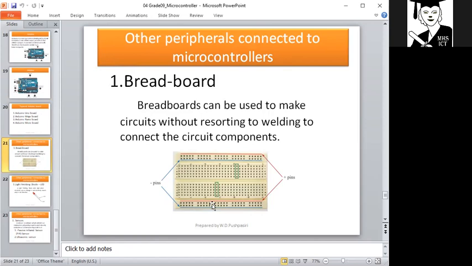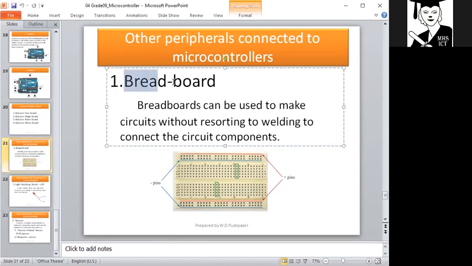We can go through the holes and hold whatever circuits, whatever peripheral devices. So this is something like the motherboard of a computer. Everything can be held here, right? So you can write down what is a breadboard here. Put a heading also and write it down.